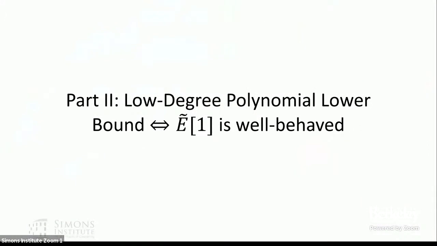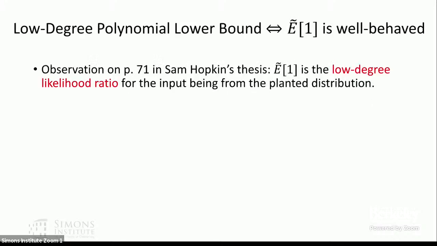Okay, so I'll now just describe the relationship between low degree polynomial lower bounds and sum of squares lower bounds proved using pseudo-calibration. In particular, low degree polynomial lower bounds correspond to the pseudo-expectation value of one being well behaved. In Sam's thesis, he observed that the pseudo-expectation value of one is the low degree likelihood ratio for the input being from the planted distribution.